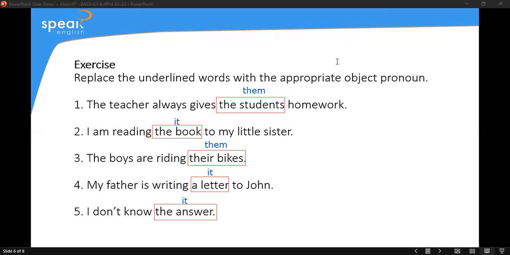Now, in the sentence number 1, do I have an indirect object? The teacher always gives the students homework. Do we have an indirect object?